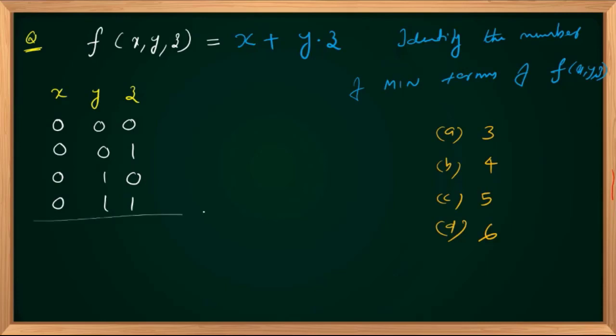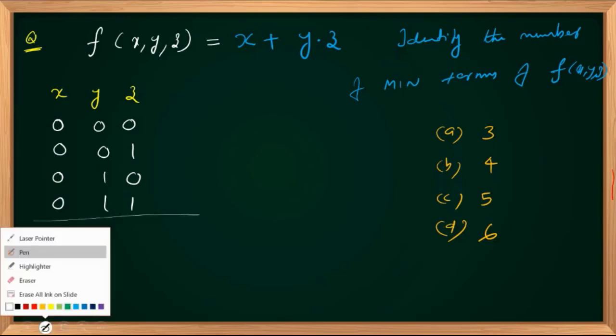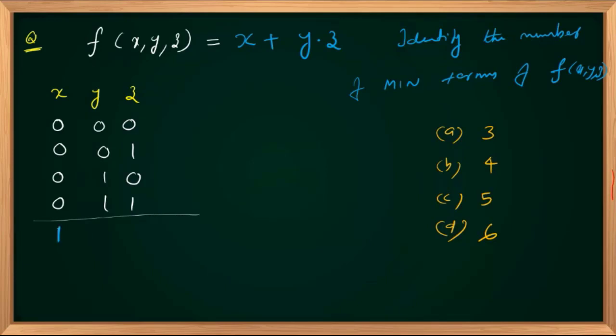Same combinations for y and z again with x equal to 1: 0, 0, 0, 1, 1, 0, 1, 1. So 4 plus 4, 8 combinations. So maximum possible minterms are 8.